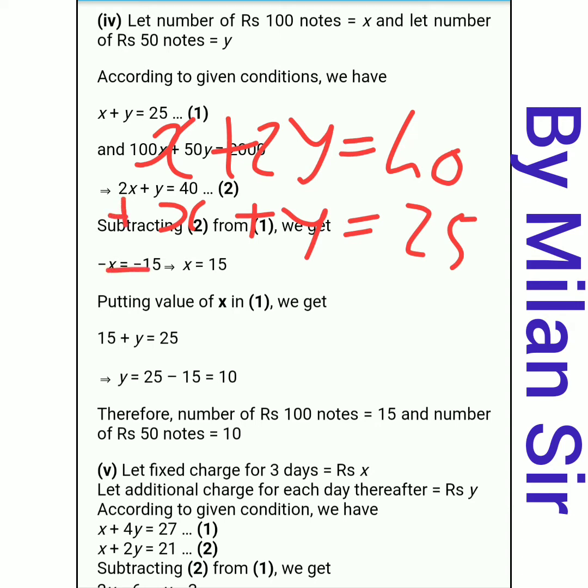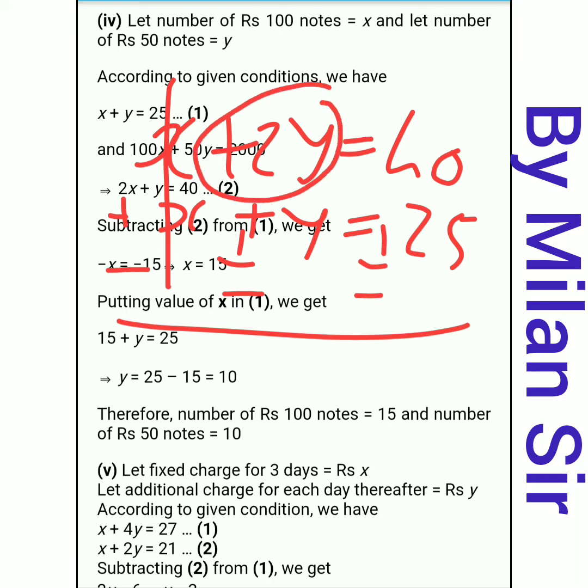This plus becomes minus, this plus becomes minus, this plus becomes minus. So x minus x cancels. Here we have plus 2y, here we have minus y. So 2y minus y, 2 minus 1, is 1y. The bigger number is positive, so positive sign.